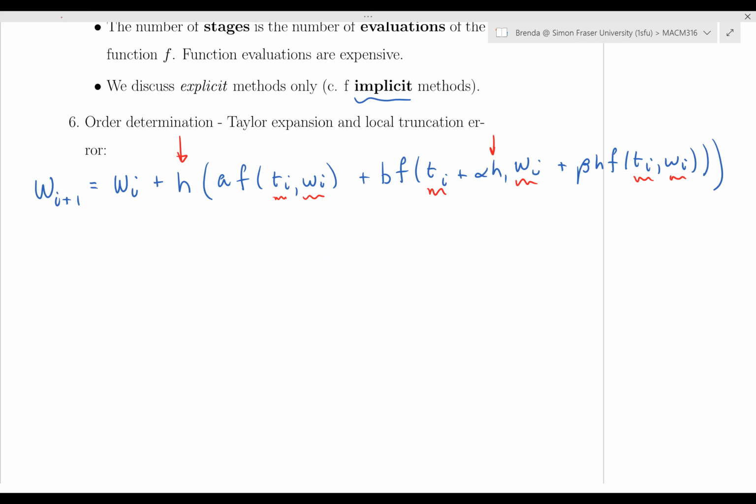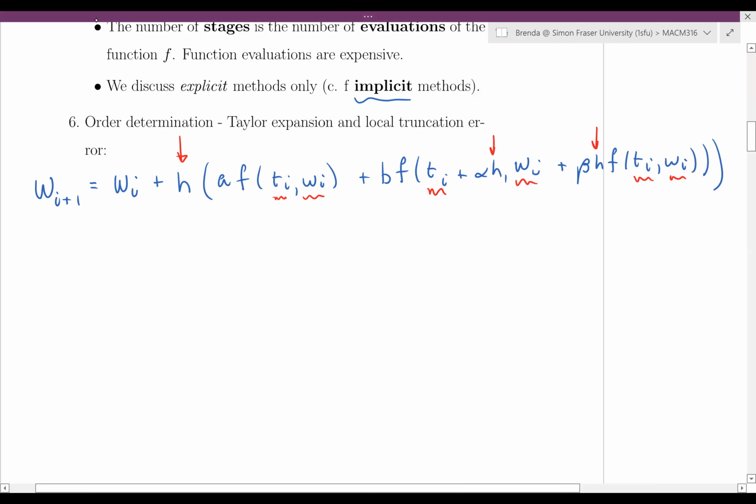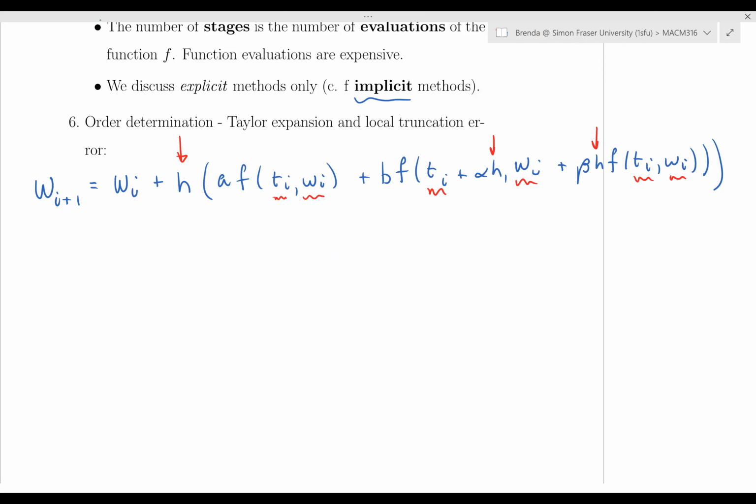That is known here, here, and here. Now what we're going to do is try to figure out an optimal value of this, and this, so that we maximize the accuracy.